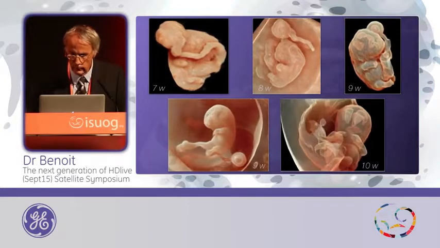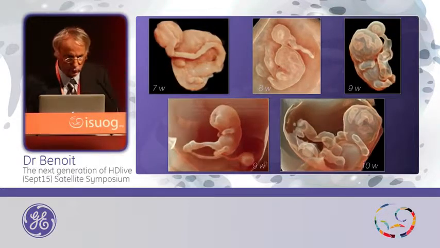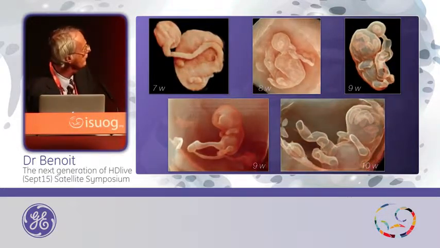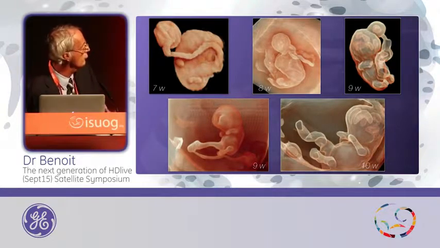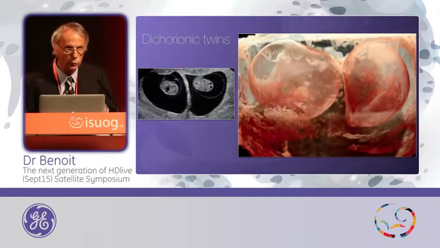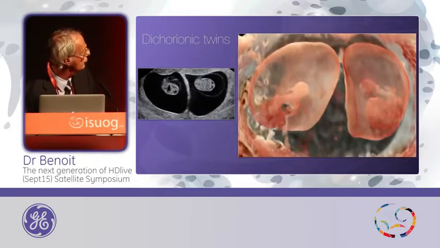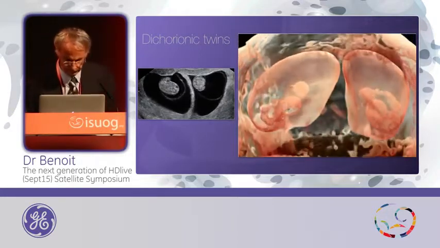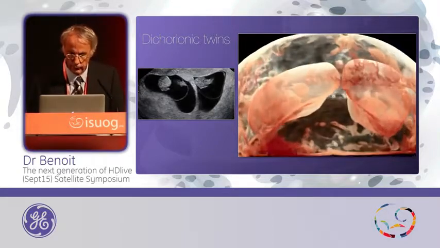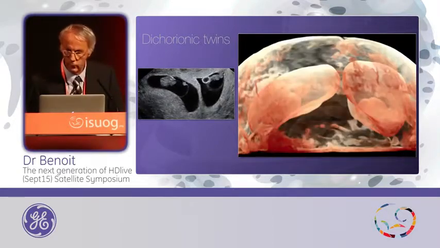I really like to use it in case of twin pregnancy, because in twin pregnancy it's difficult to provide sometimes a good 3D image. In this case, we choose a volume without cutting the volume, and this is a result with the silhouette mode. And this is another one, monochorionic twins.